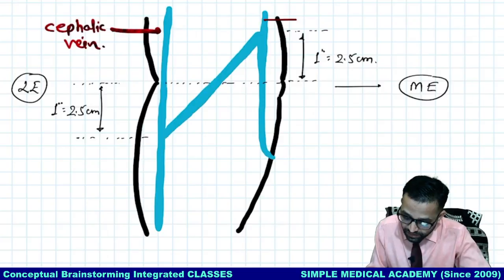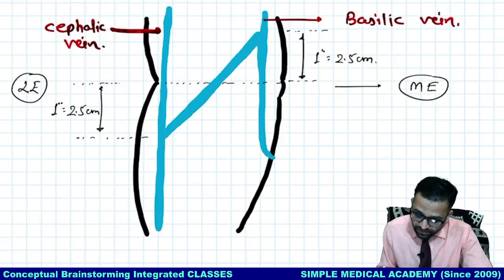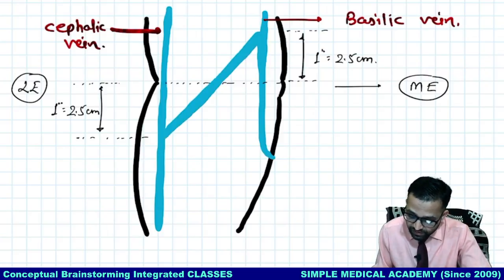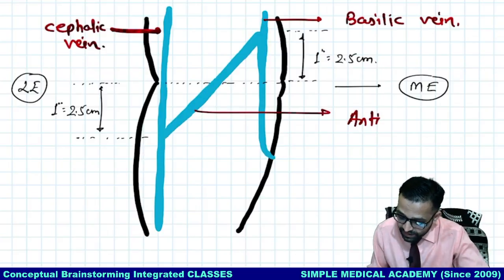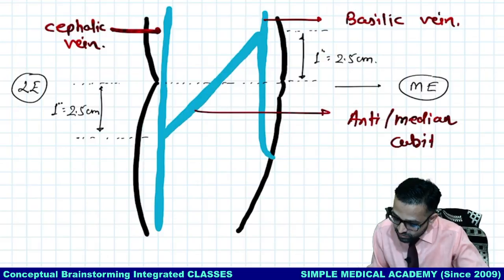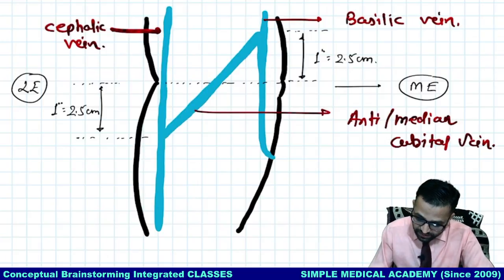Yes, here you can see our basilic vein. Yes, sir. Here you can observe the vein running just opposite to the cubital fossa. That's why you will say it is the median cubital vein. Fine, sir. Now you can see the different nerves.